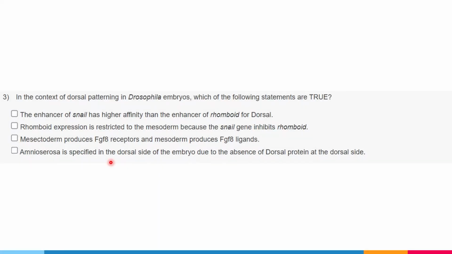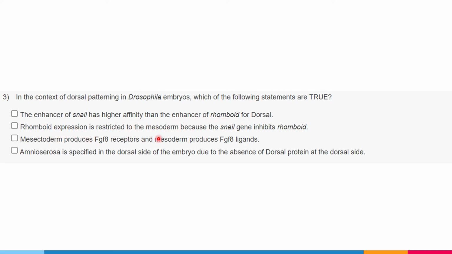So this is another question on the dorsal patterning of Drosophila embryos, and we are asking which of the following is true. The enhancer for snail has higher affinity than the enhancer of rhomboid for dorsal. So now we are looking at what exactly dorsal does after it gets into the nucleus in the ventral cells. The options are: enhancer for snail has higher affinity than enhancer of rhomboid for dorsal.